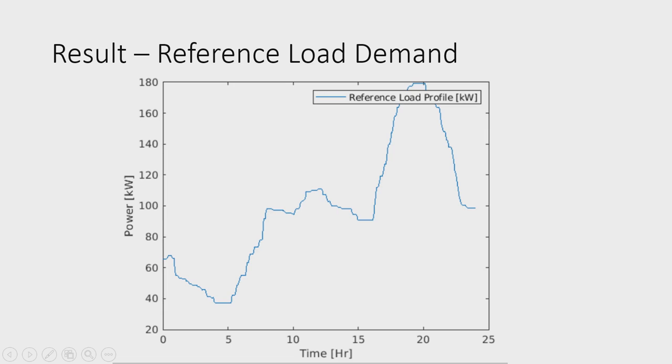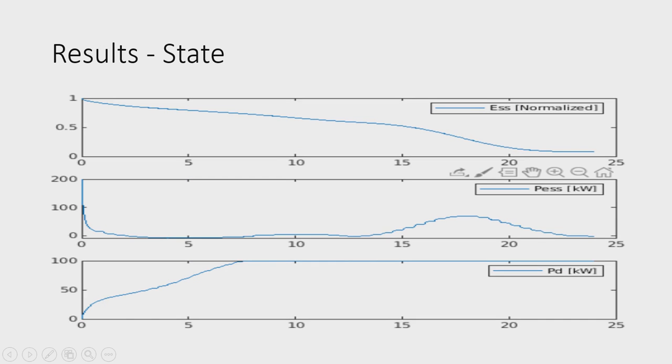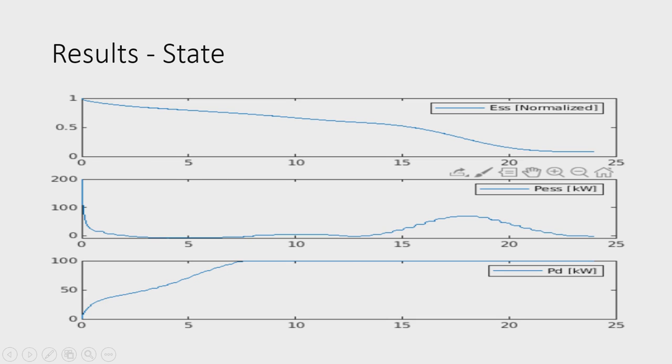Hence it had basically no output until hour 5, when it starts to climb up. The control command should follow exactly the same behavior as the power. We can see from graph number 1 that the storage system is mimicking its own power behavior, and so does the diesel.